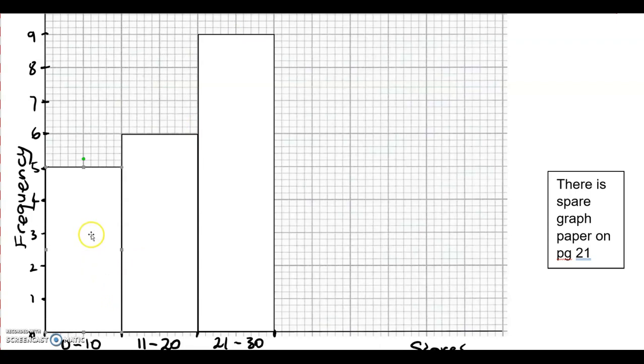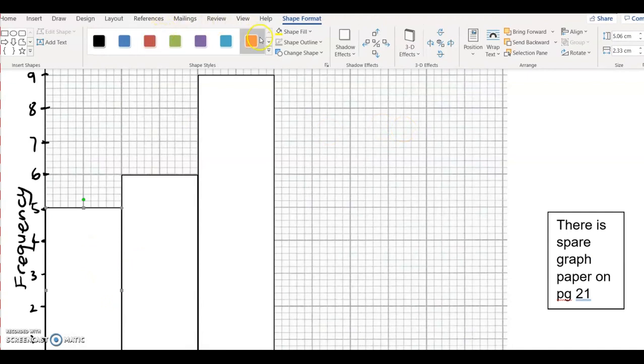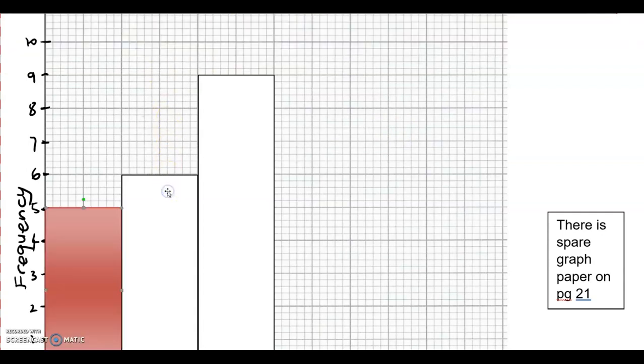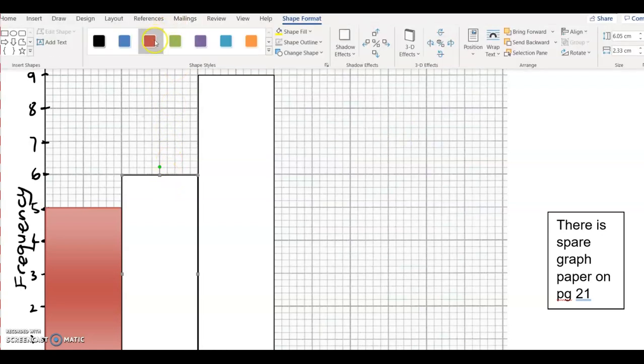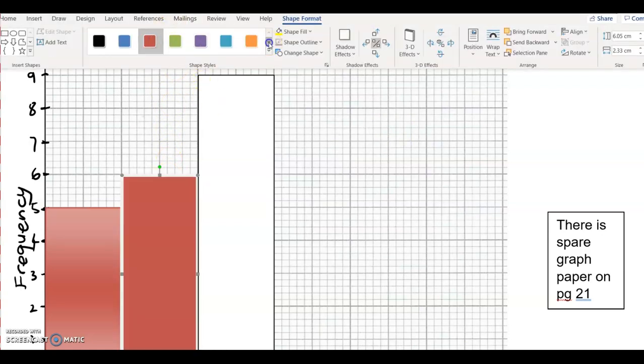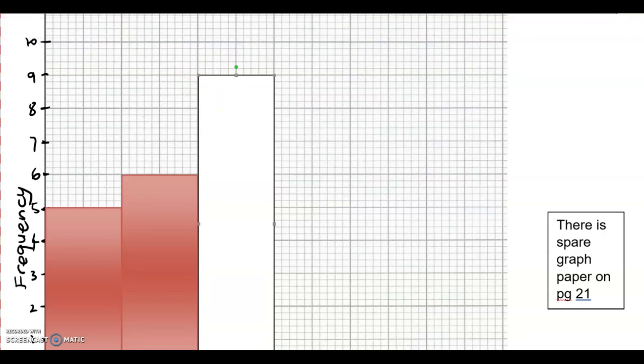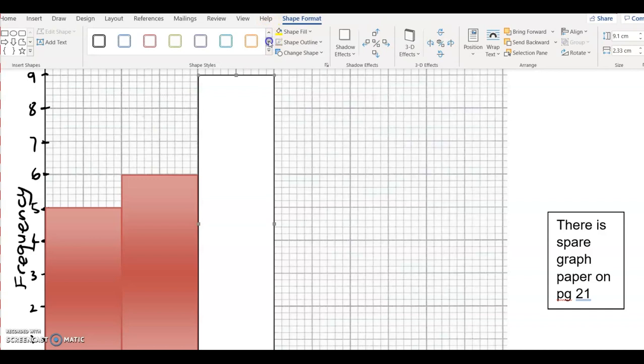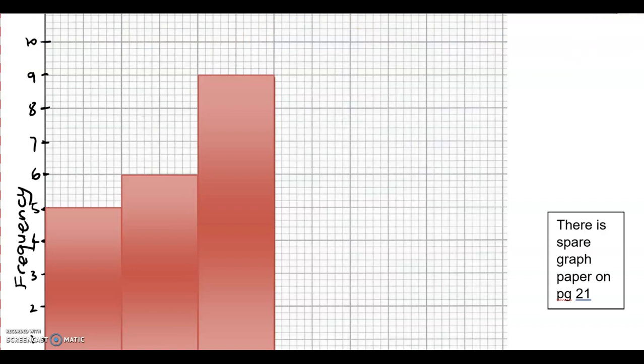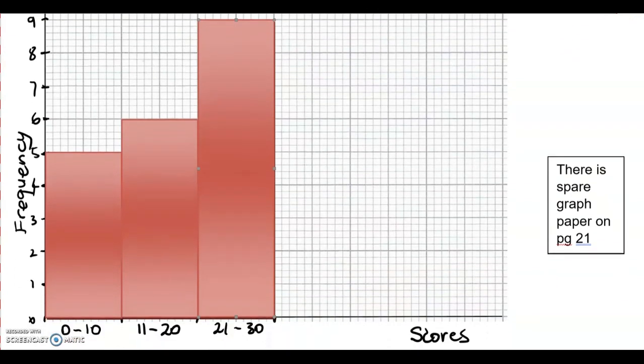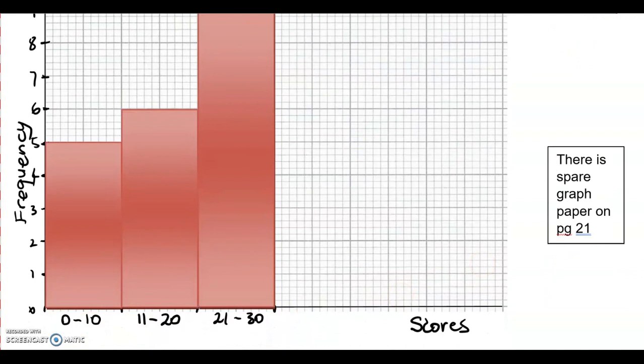We can color these in if we like. And there we have our graph. Moving on to the final question.